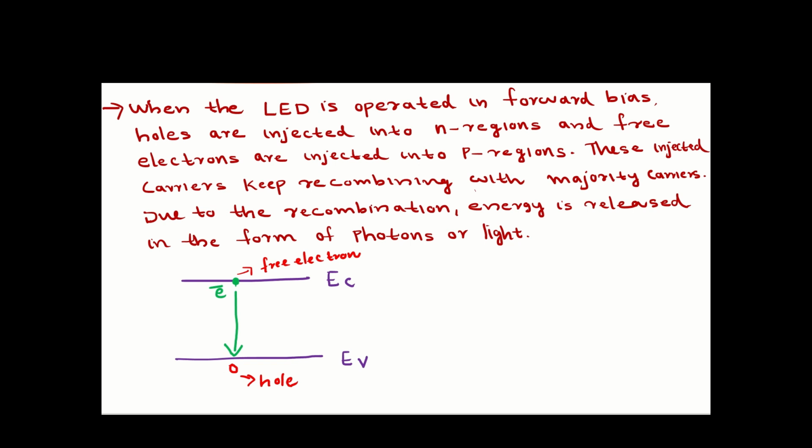When the recombination happens, the energy is released in the form of photons or heat. But in the case of a direct band gap semiconductor, the released energy is in the form of photons. So energy is released in the form of photons or light, where the released energy E is equal to h times f.